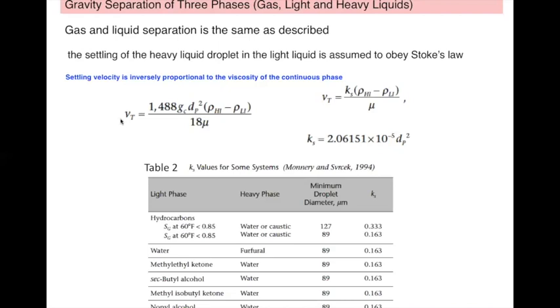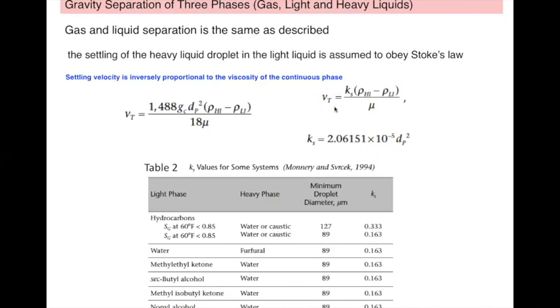So there may be the condition when the heavier liquid is going from the lighter liquid column to the heavier liquid column, right? And there may be the condition when the lighter liquid is going from the heavier liquid to the lighter liquid, right?